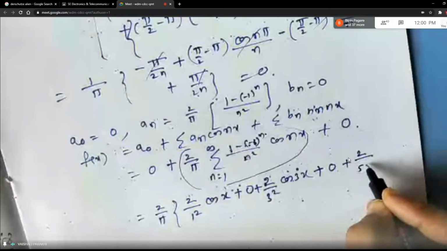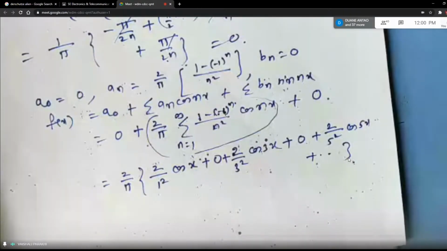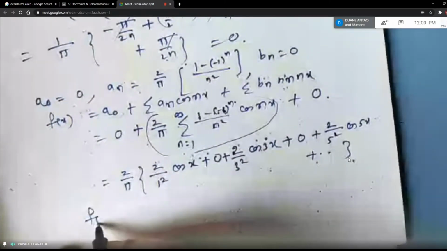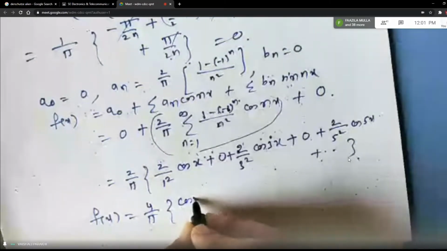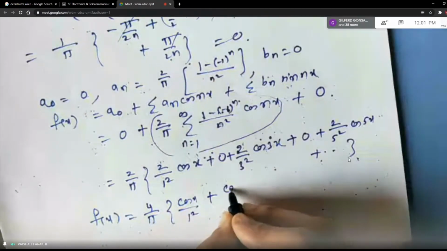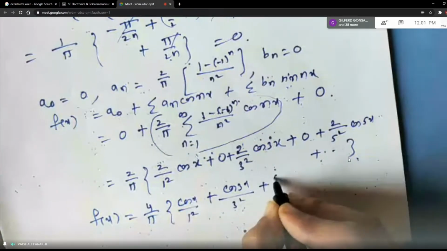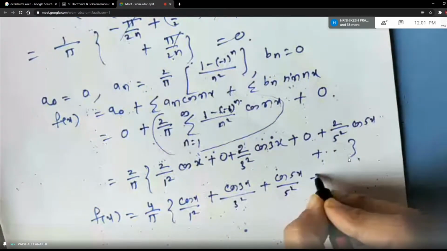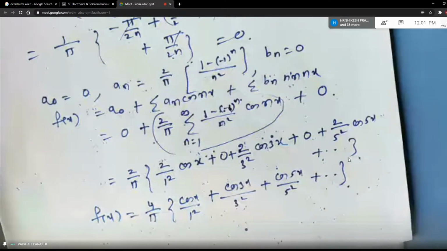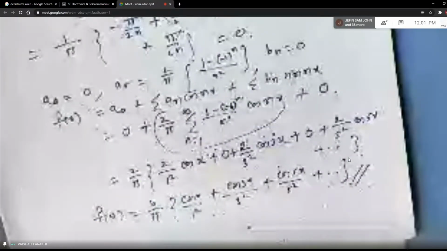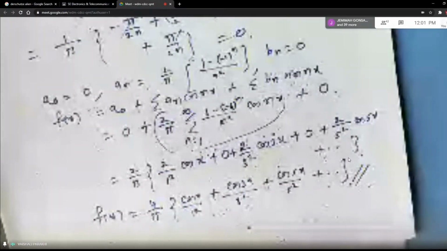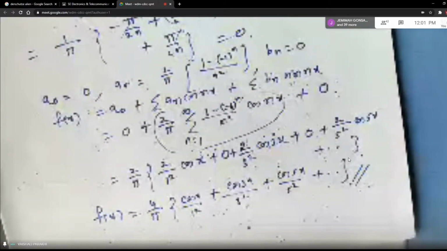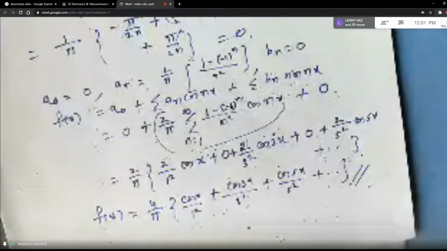For 5 it will be 2 by 5 square cos of 5x and so on. In this way you get the expansion. So this is your Fourier series. 2 is common throughout, so take 4 by pi out: cos x by 1 square plus cos 3x by 3 square plus cos 5x by 5 square and so on. Any doubt in these few steps, students? You understood how to handle 1 minus (-1) raised to n. The values differ depending upon whether n is even or odd.